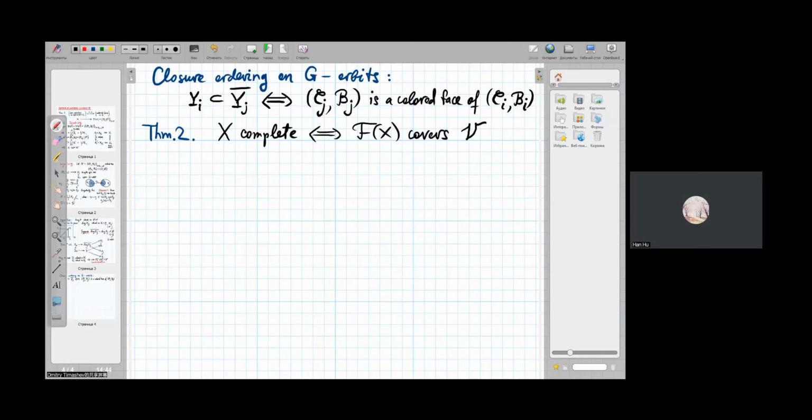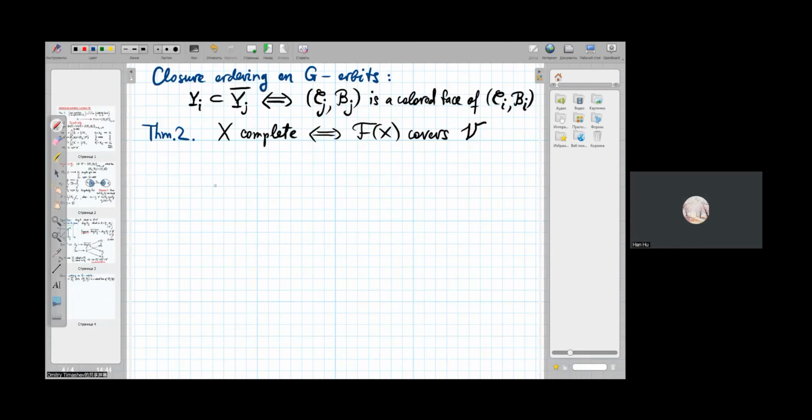Well, when I say that a fan covers some set, I mean that the union of all cones in this fan, the union of all these Ci's, contains this valuation cone. So a very simple description, which we have for completeness.